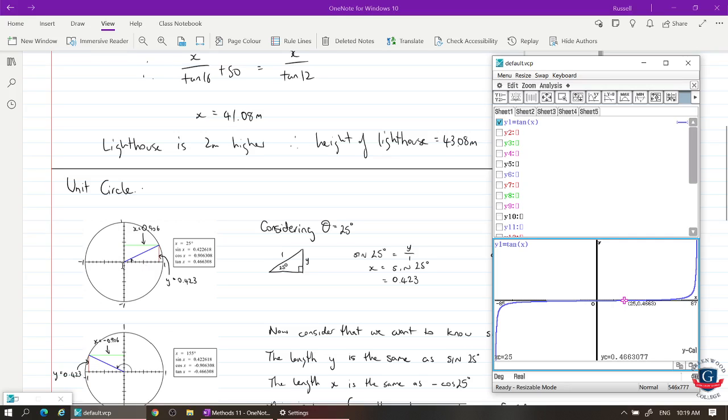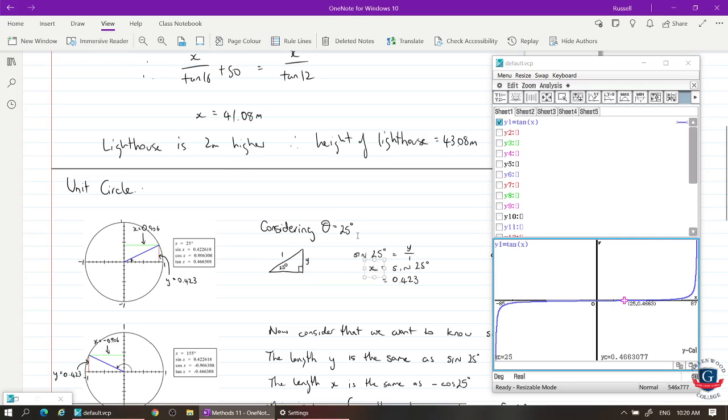If we want to know tan x, it would be opposite over adjacent. If we wanted to know cos x, it would be adjacent over hypotenuse. And if we wanted sin x, it would be opposite over hypotenuse. Now a nifty thing here is because this is 1, sine 25, sine of this angle here, will equal the opposite, which would be this value of y, divided by 1, which is the length of the radius. That simplifies down to not x.